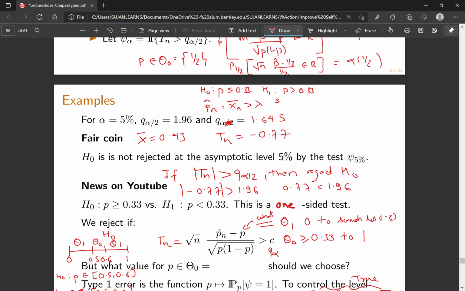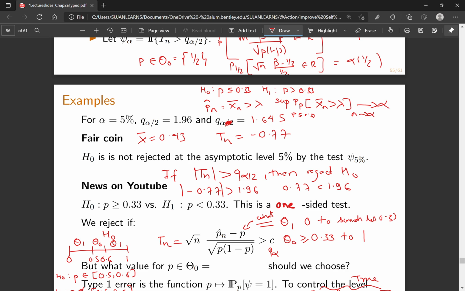And we'll take the supremum of the probability over P less than 0.33, that xn bar is greater than alpha. When n goes to infinity, it tends to go to alpha.